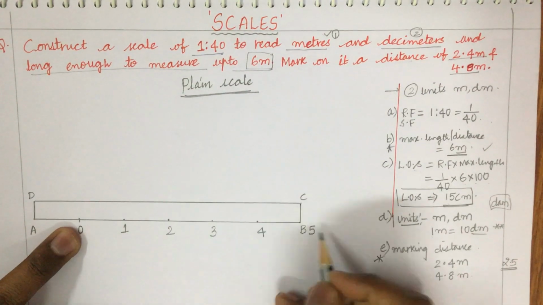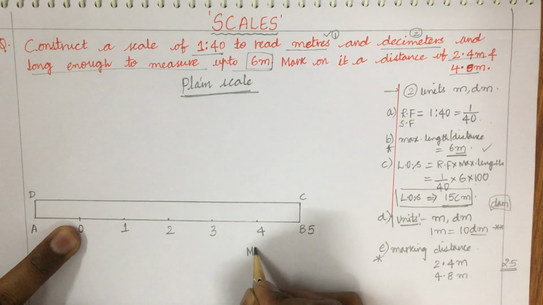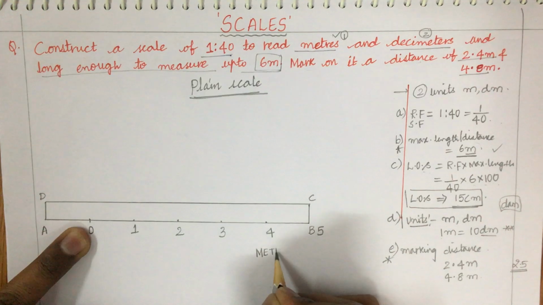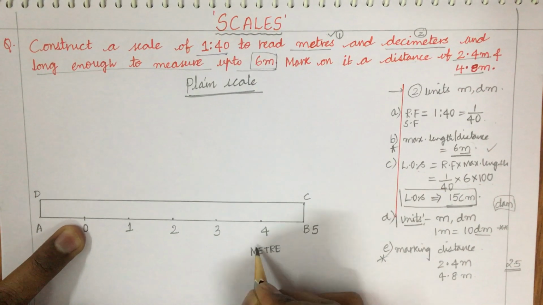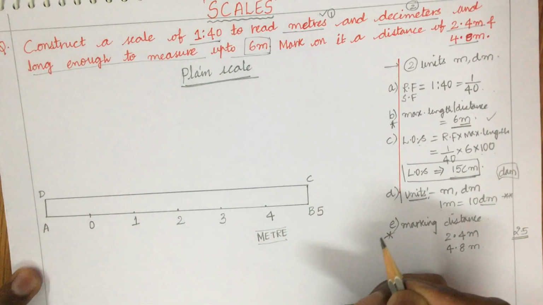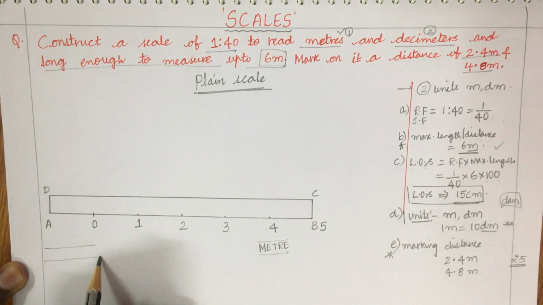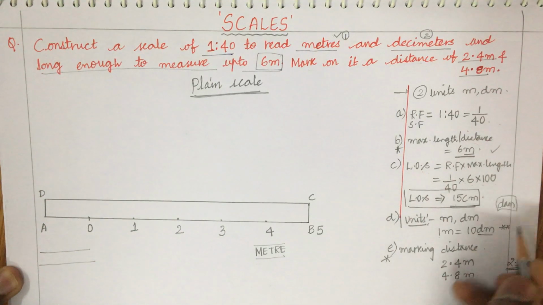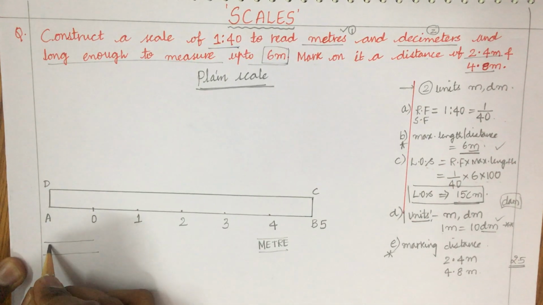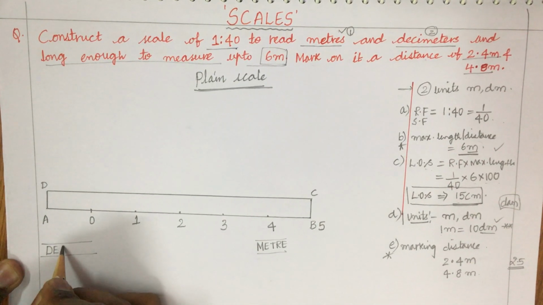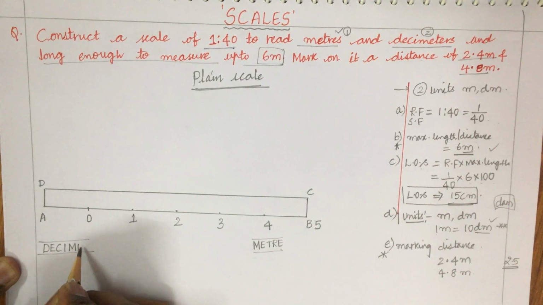So, from 0 to 5 is the meter scale, dear students. You are supposed to write the unit here very neatly in uppercase letters, and to the left of 0, up to A, is the subdivision, that is, the decimeter. So, you are supposed to work out the decimeter here as well.